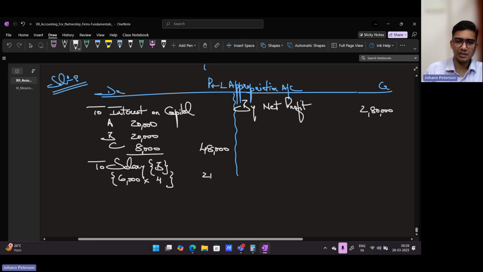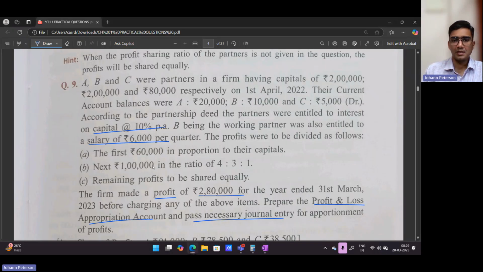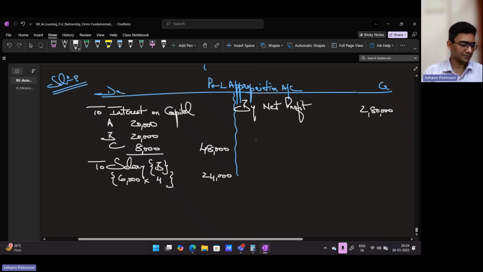So he's getting 24,000 in the year. What else? Profits were to be divided as follows. This is only for B. The first 60,000 in proportion to the capitals and the next 1 lakh in the ratio of 4:3:1.